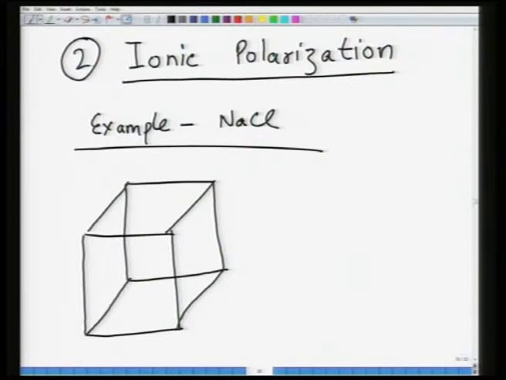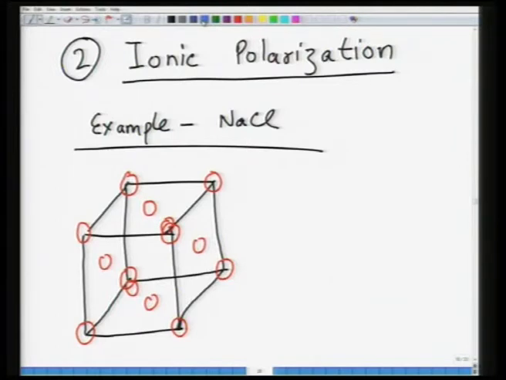Now, sodium chloride will have a sublattice made by, let us say, the chlorine atoms, so this is your chlorine sublattice. Now, where does the sodium atom go?